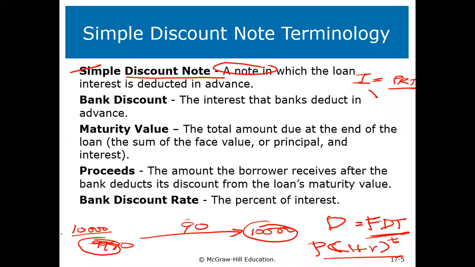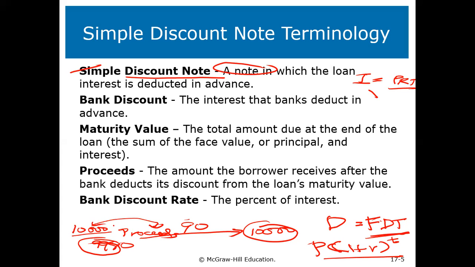So if I take a loan with a discount note, what I'm going to get is not the face amount. The face amount here is 10,000. What will happen is that the discount, or quote-unquote the interest, is computed and deducted. What I'll get is an amount we call proceeds, which is different from the face value.